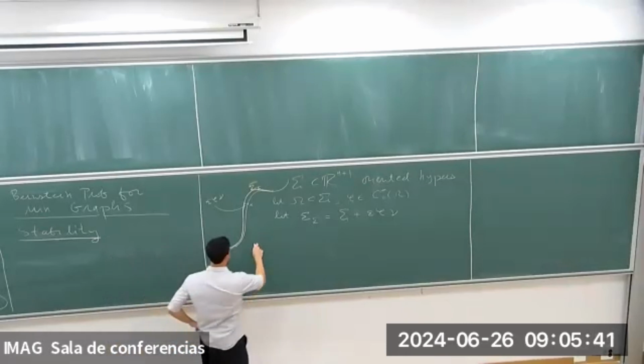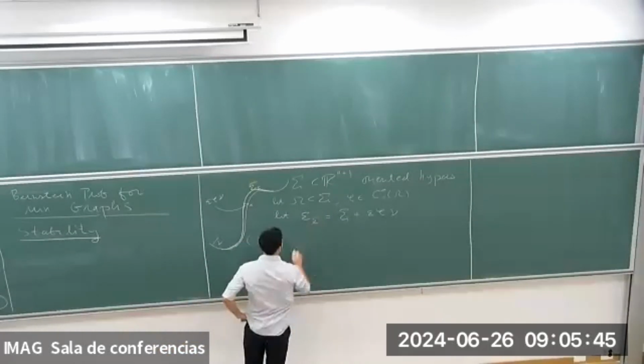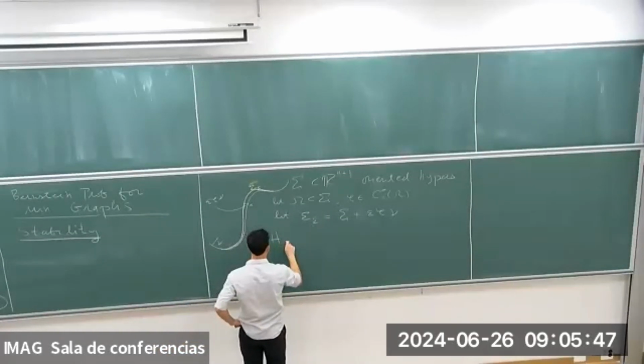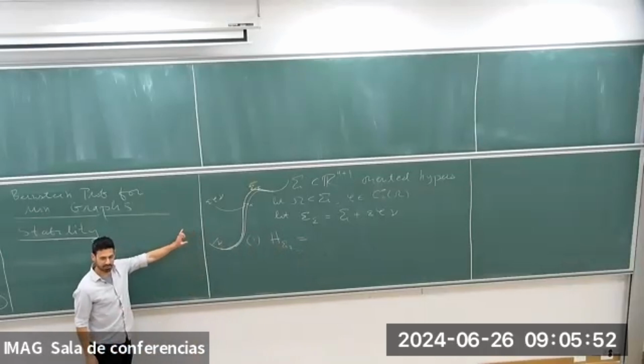The first thing is the mean curvature of the new surface Σ_ε. We don't need this to be minimal; I'm not talking about minimal yet.